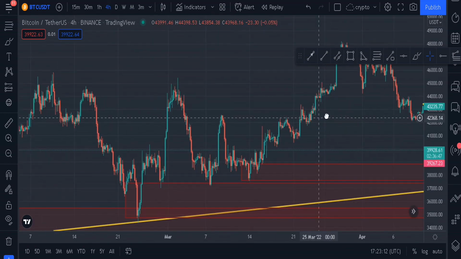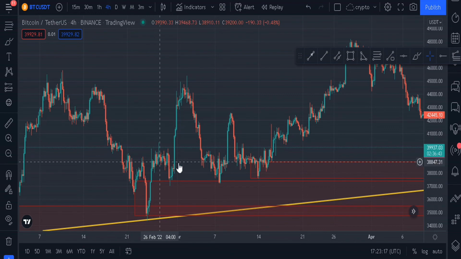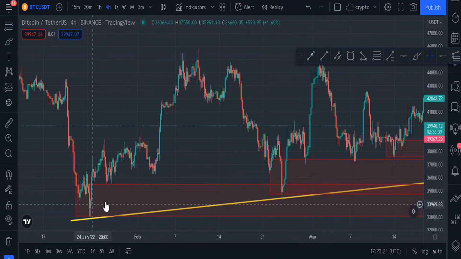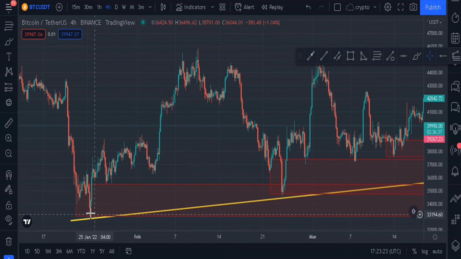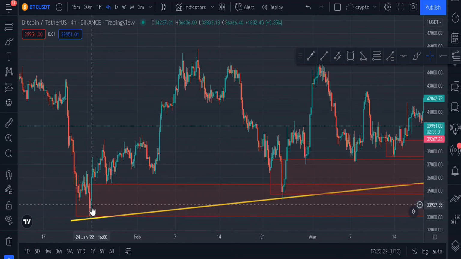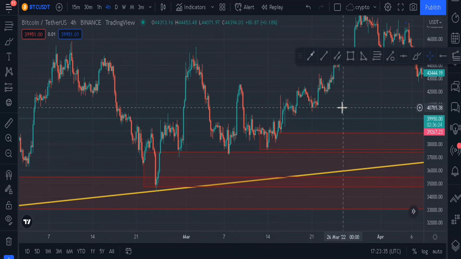You can see this order block also. This is the last candlestick before this big push up, and this is the last candle. I took mine from week to week. You can also take yours from the open to the close or something like that, but I took mine from week to week. And this is the last red candle before this whole green push back upwards.